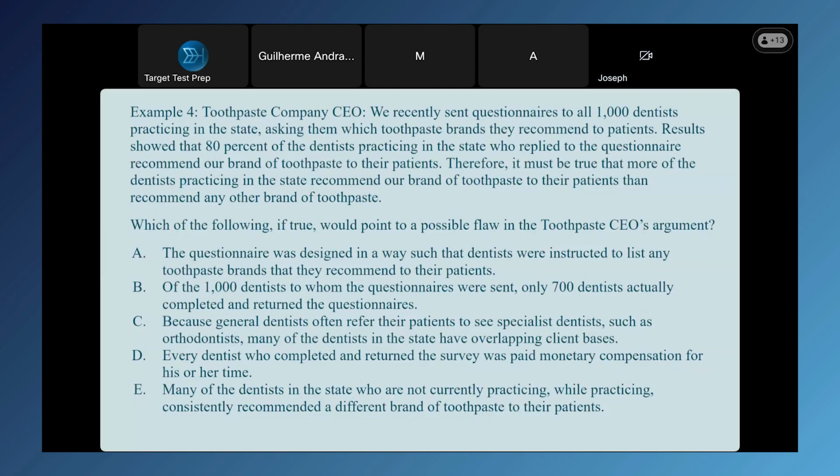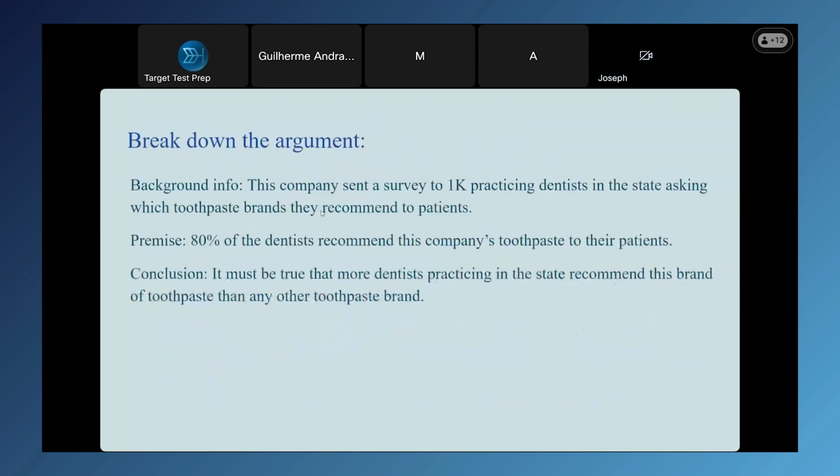We saw in one of the previous examples that we don't need to assume all other cases for C. That one.